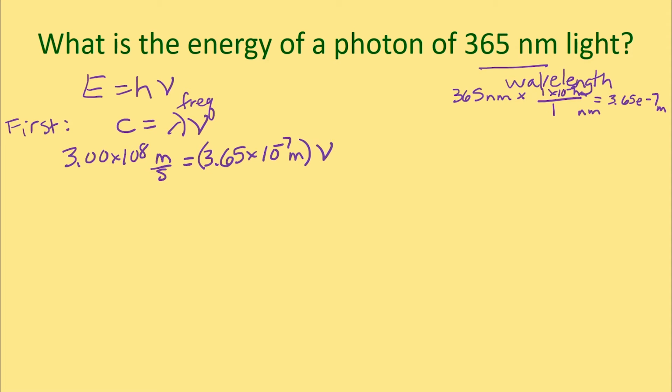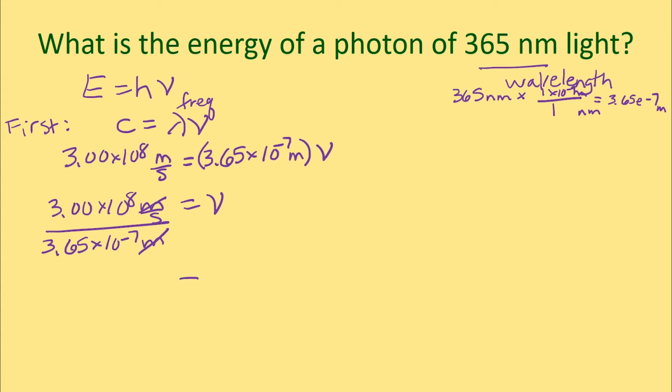So if I divide both sides by 3.65 times 10 to the -7, that value is going to be equal to 8.219 times 10 to the 14th inverse seconds.